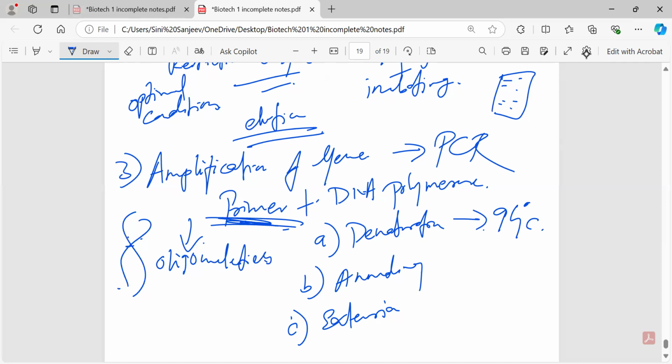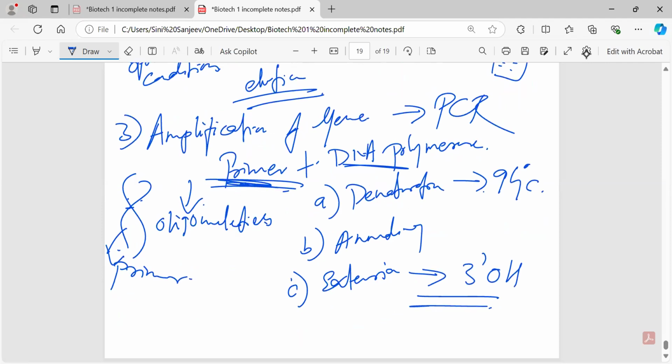Out of these two strands, one strand you will fuse with the primer, and then after that you will extend the complementary strand of the DNA from the 3 prime OH end. So for extension, what do you use? DNA polymerase enzyme. And then you get what? A new DNA strand.